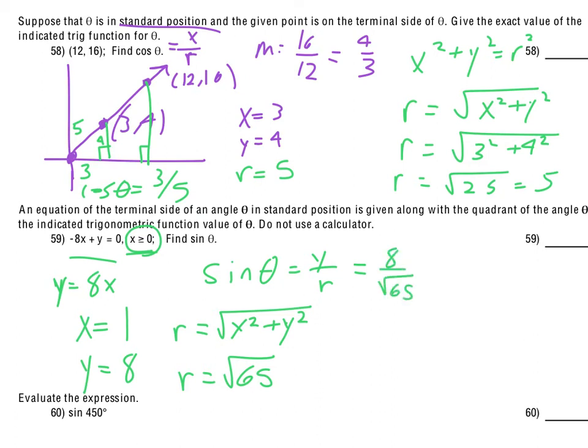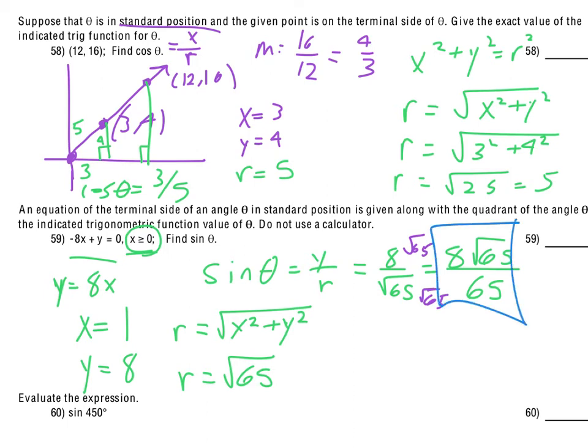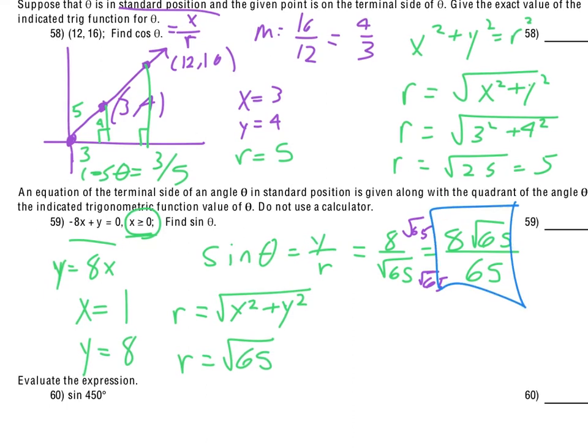Now, that's a problem because I can't have the square root of 65 as my denominator. So really, we multiply numerator and denominator by the square root of 65. And then we get 8 square roots of 65 over 65 as the actual answer. Again, we have to rationalize the denominator there.